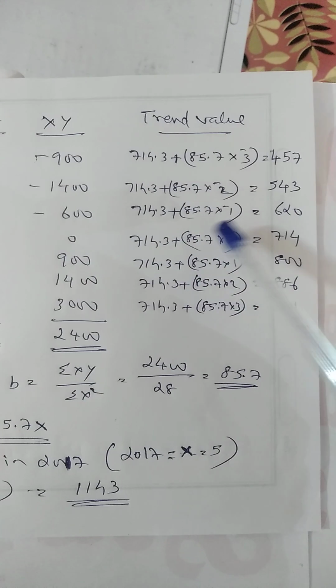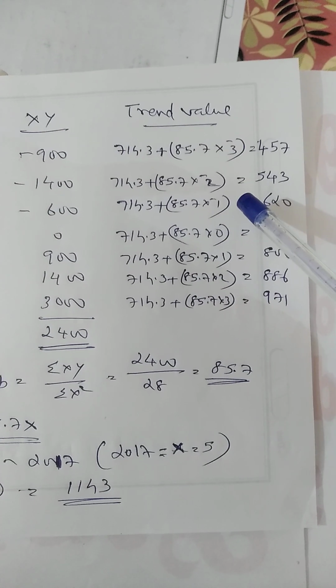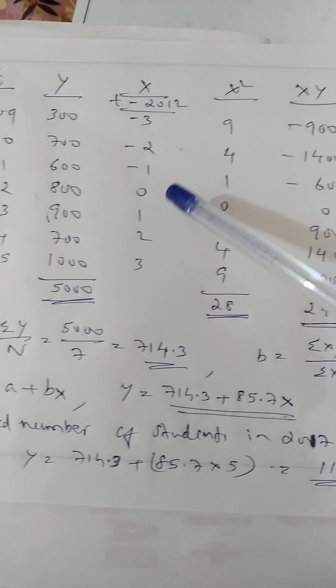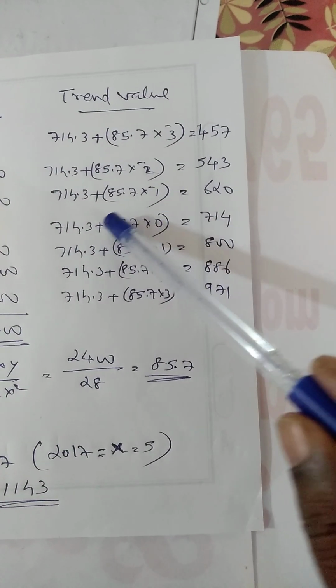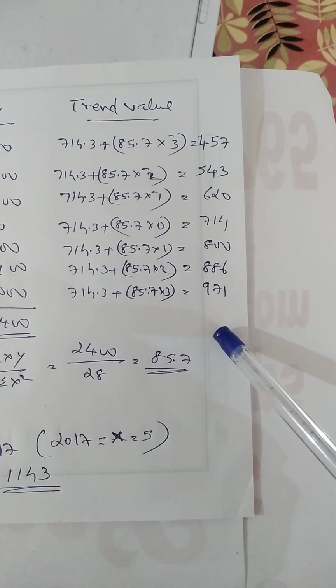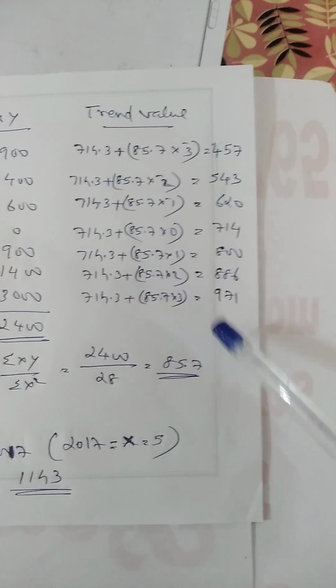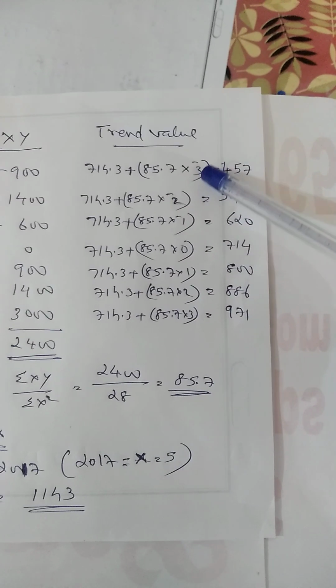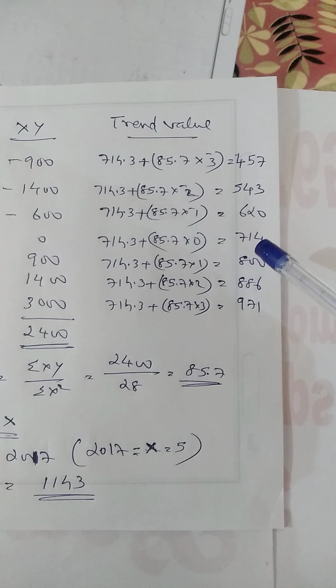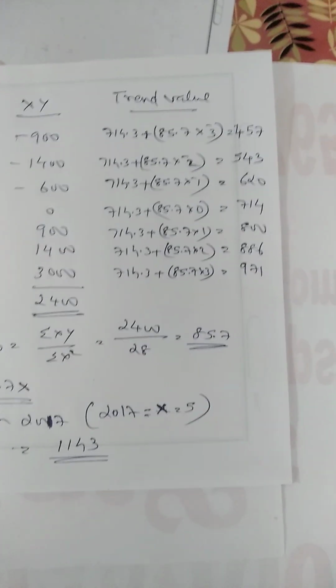Got it? In this way, we alternately change the value of x: minus 1, 0, 1, 2, 3, and apply the value in this equation, we get the trend values. By changing the value of x, we can find the trend values. Now we got all the trend values.